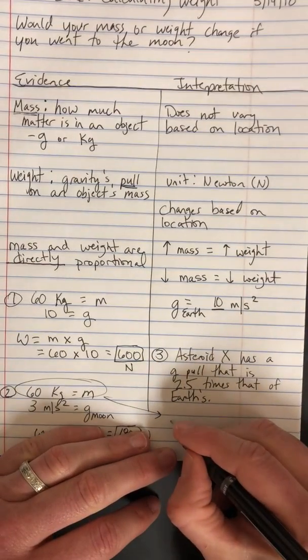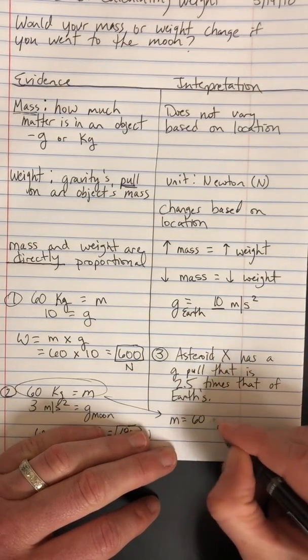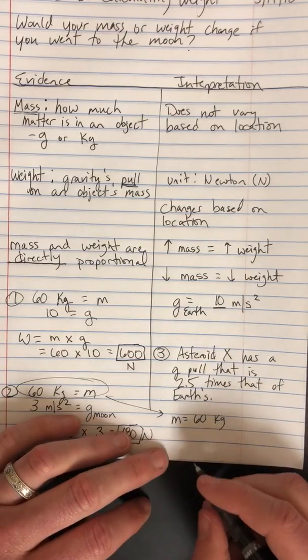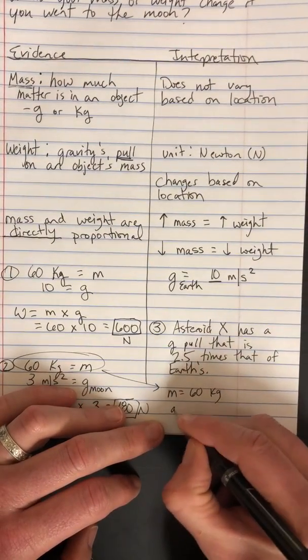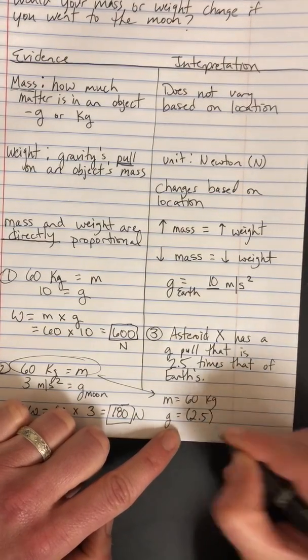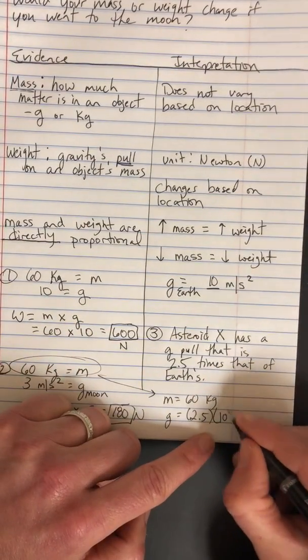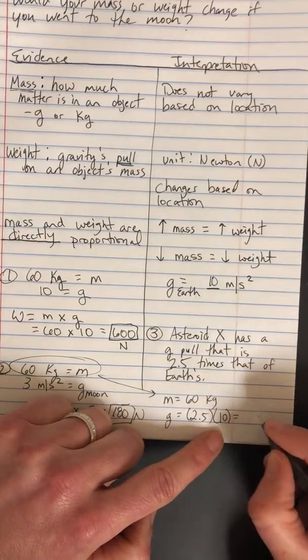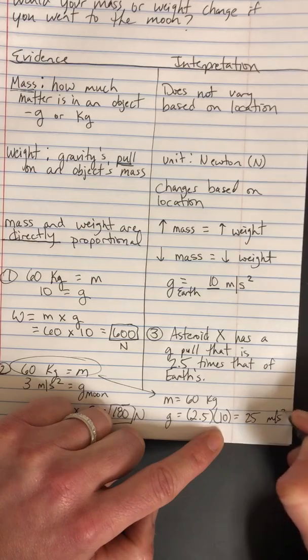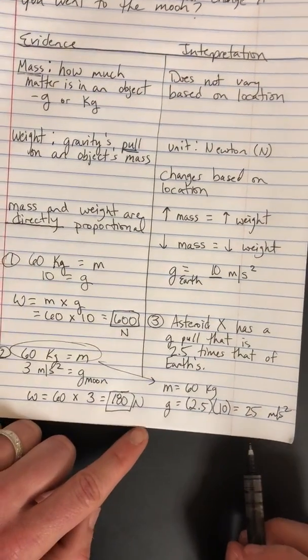And on asteroid X, we know her mass doesn't change. It's still 60 kilograms. But to figure out the gravity on that asteroid, we have to compare it to Earth's gravity. So we're going to go 2.5 and then multiply it by Earth's gravity, which is 10, which means the gravity on asteroid X is 25 meters per second squared.